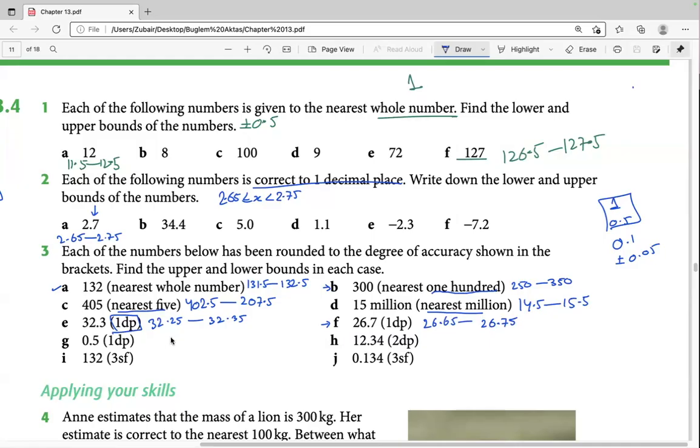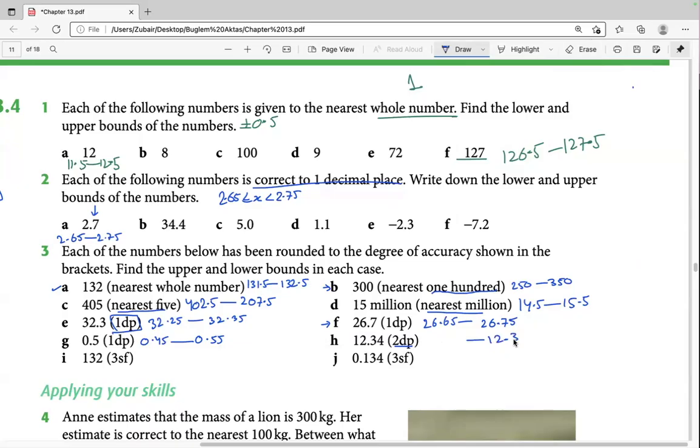G part. Answering the upper bound is always easy, like the adding. So write the upper bounds, 0.55 and 0.45. H part. That would be 0.005.